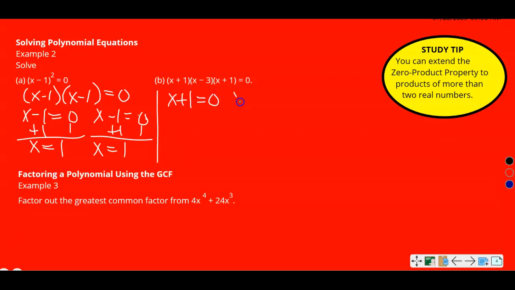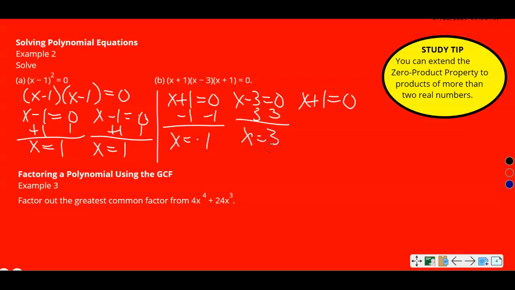X plus 1 equals 0, x minus 3 equals 0, and x plus 1 equals 0. Subtract 1, x equals negative 1, add 3, x equals 3, and then subtract 1, x equals negative 1.